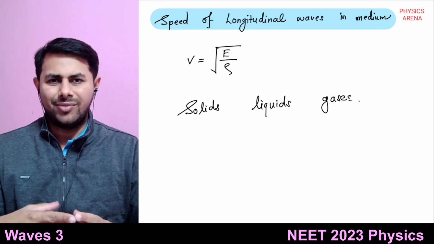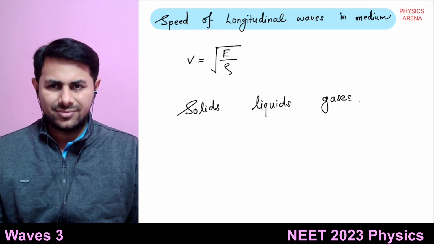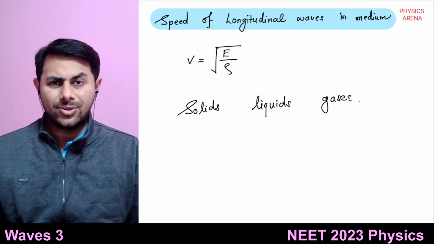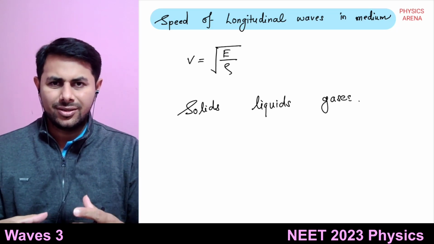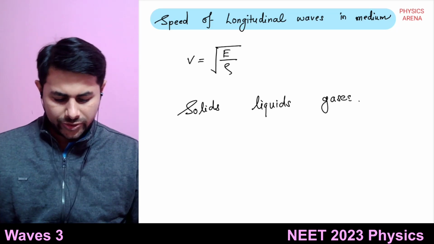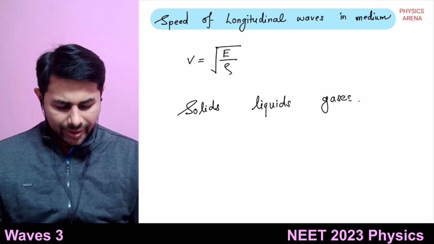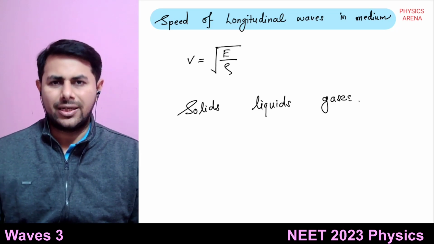Density is lower, but the elasticity of gases is also lower. The bulk modulus is also lower, right? For solids, elasticity is much more compared to liquids and gases.